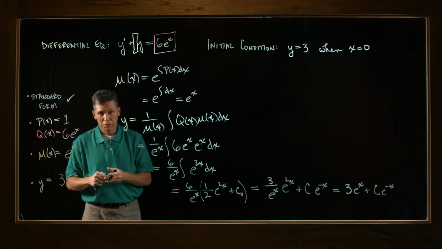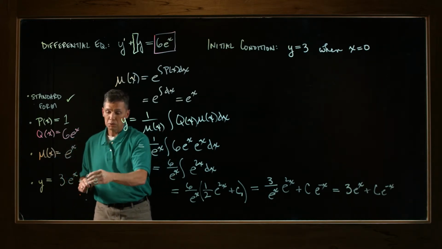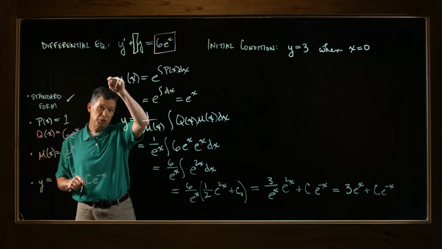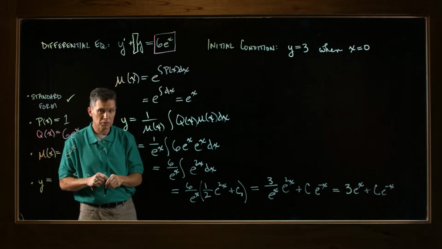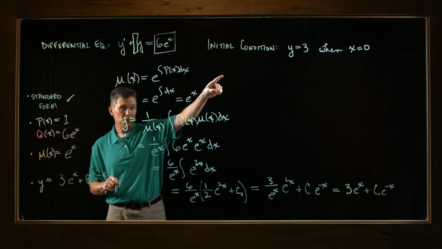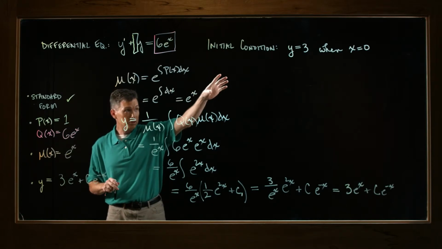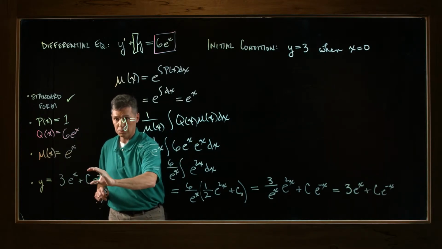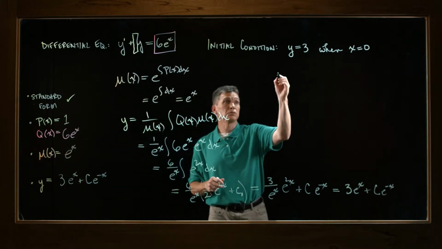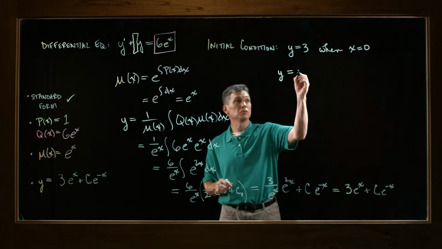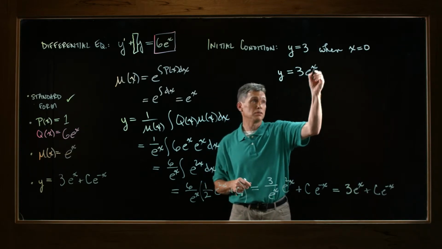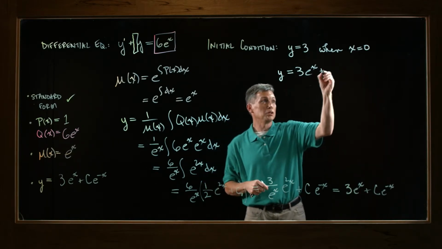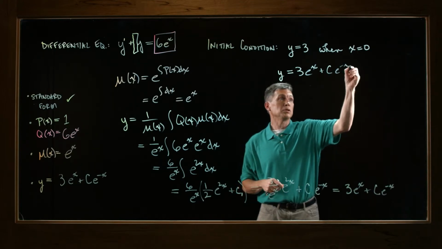Okay, if I take a breath right there, we've done good work in terms of finding the general solution, but this problem's asking me for the particular solution given this initial condition. So I'm going to come over to this initial condition that they give me, and I'm going to take with me the general solution. So we're going to use that general solution, y equals 3e to the x plus c e to the minus x.